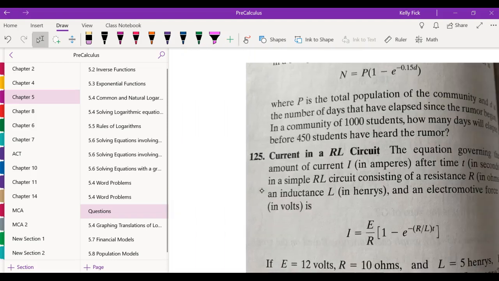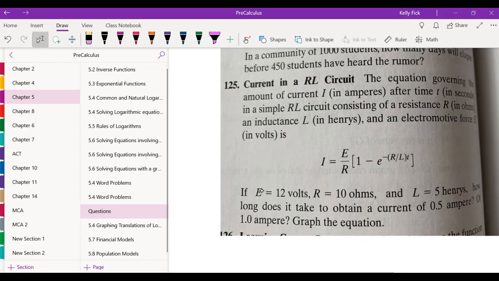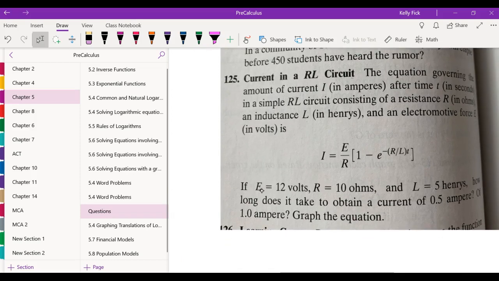The last one I was asked to do is 125. It gives us this equation, and it gives us some numbers that we already know. We know E is 12, so we're going to plug 12 in here. R is 10, so we're going to plug 10 in here. Again, R is 10, and then L is 5. How long does it take to obtain a current of 0.5 ampere?